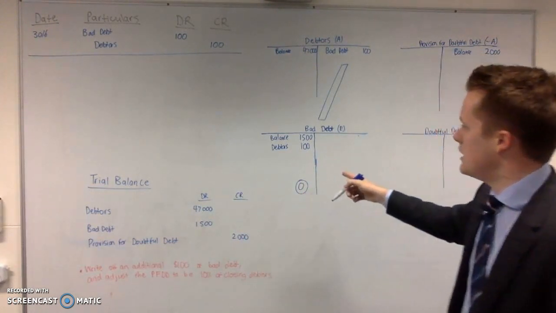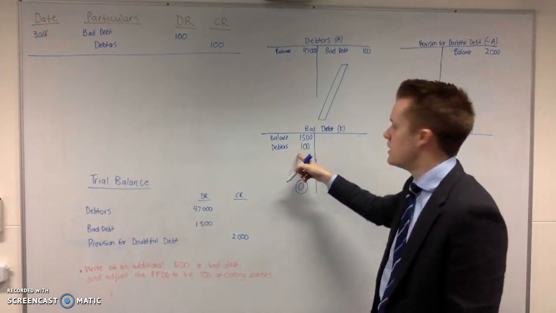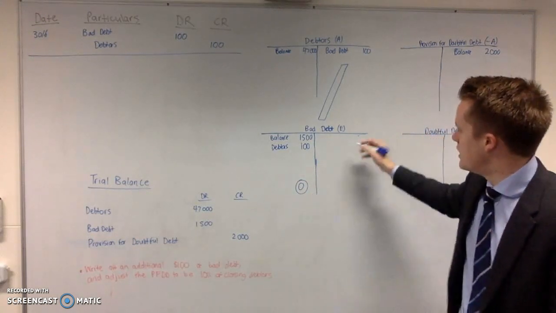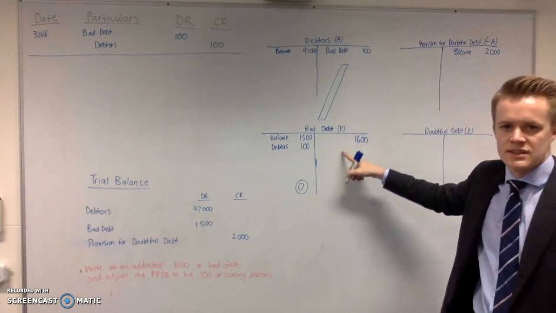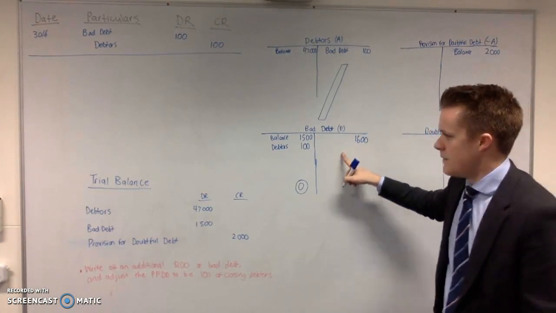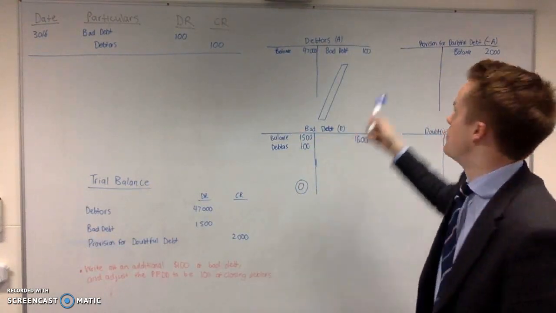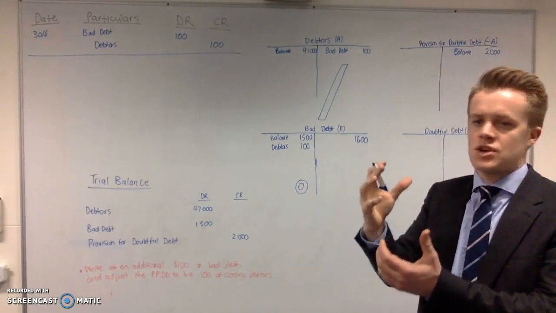Now, clearly, it doesn't equal 0 right now. We've got $1,600 on this side and 0 on this side. So clearly, in order for this to be 0, $1,600 worth needs to be on the credit side of this T account. Alright. Now, when we close off bad debt, we do it to the PFDD, or the provision for doubtful debts account. Okay, that's the other side of the entry.